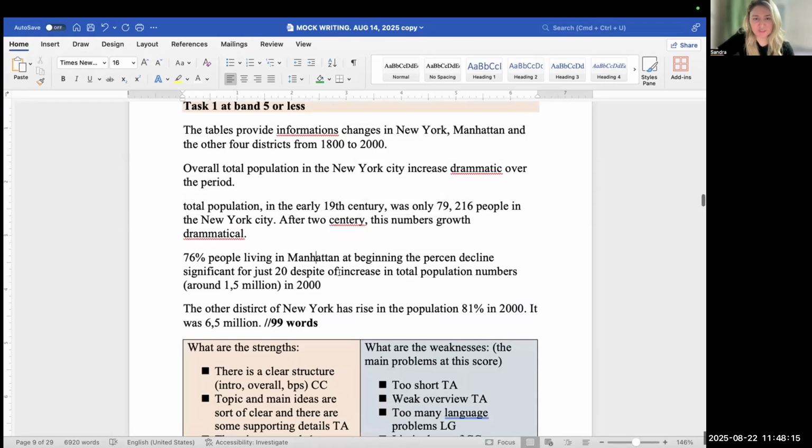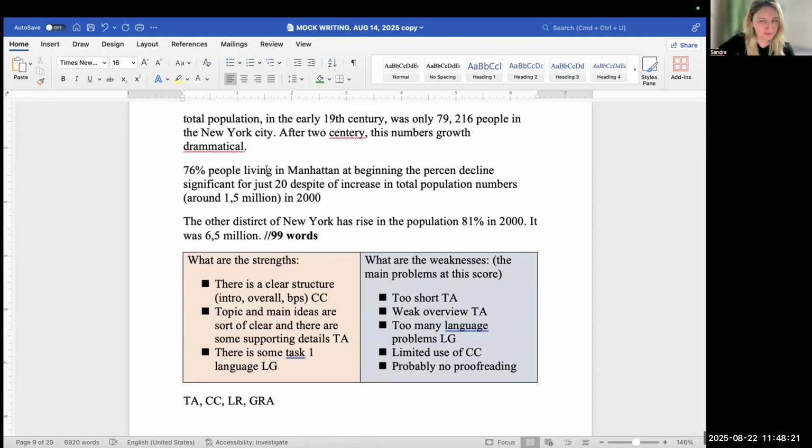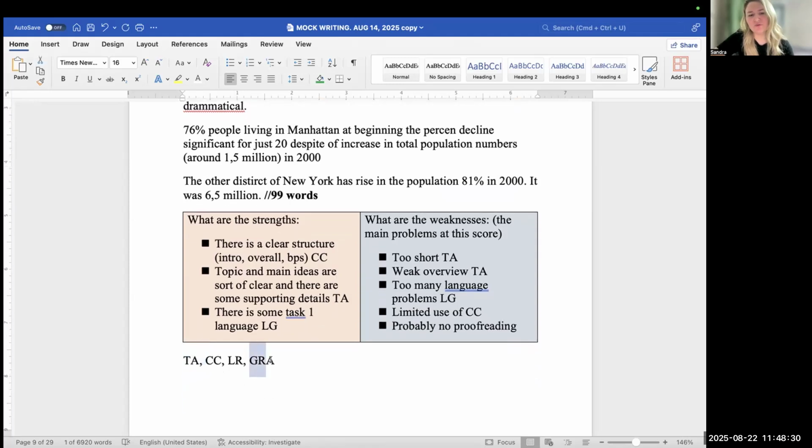Are you comparing, contrasting? Are you summarizing it and supporting it with some detail? And are you writing at least 150 words? Because that was the task, right? Did you accomplish the task? Did you achieve it? I don't care how grammatically correct your writing is, or how rich your vocabulary is. Just did you get the job done?